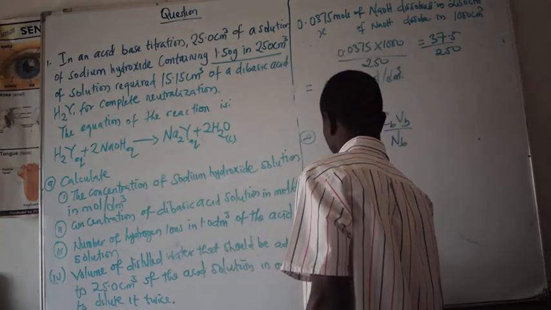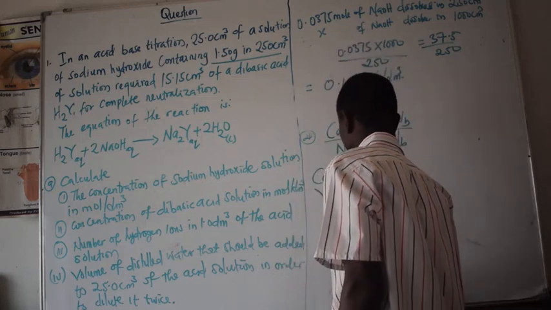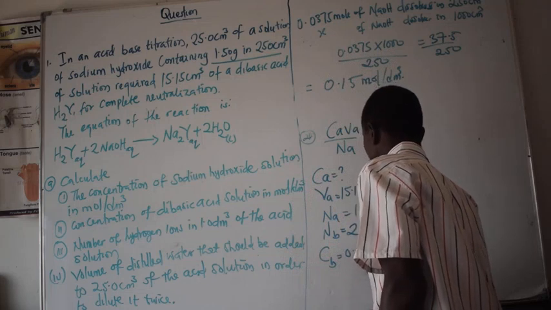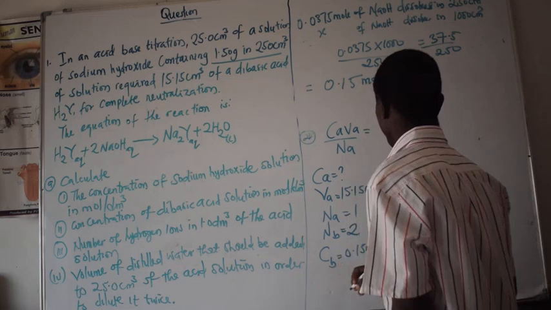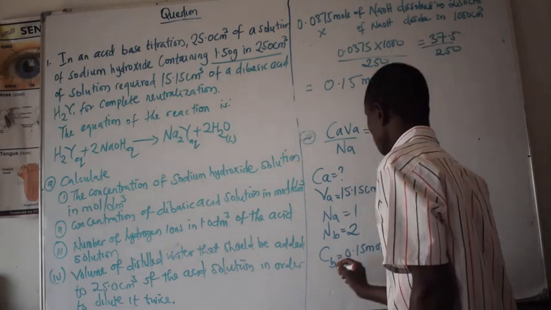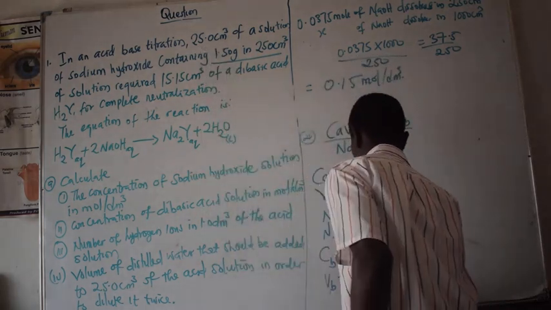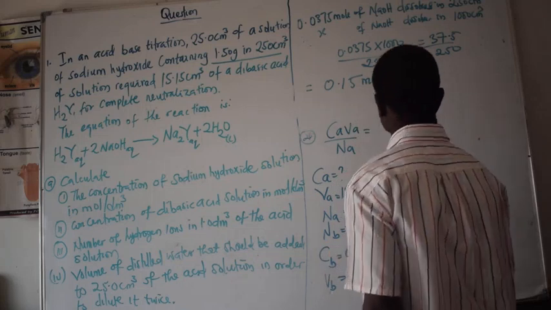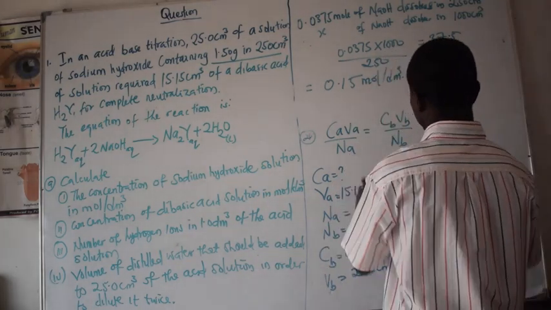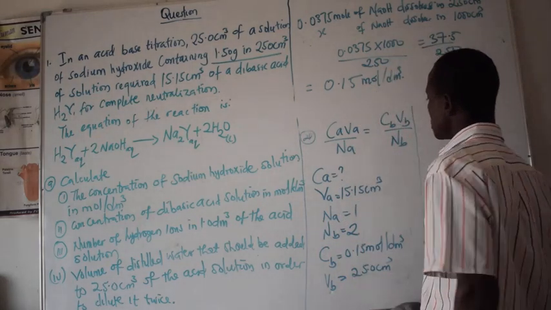Now what about Cb? Our Cb is the one that we just calculated there, which is 0.15 mole per dm cube. And our Vb, the volume of base, is 25.0 centimeter cube. So what are we looking for? We are looking for the concentration of the dibasic acid. So let us make Ca the subject of the formula.